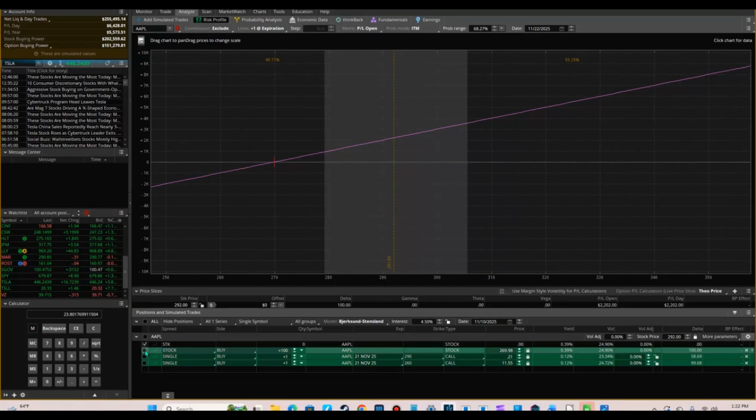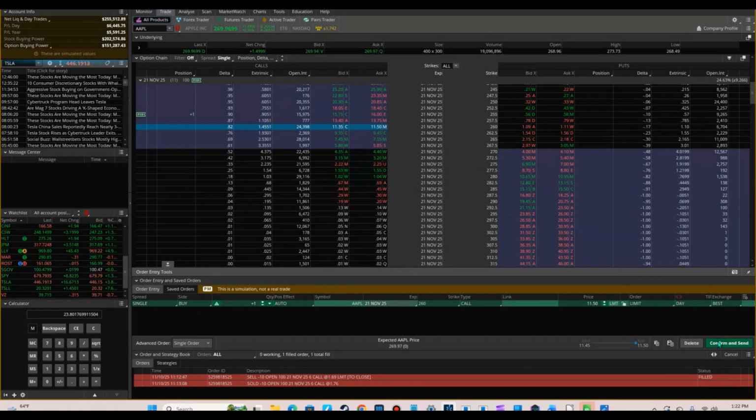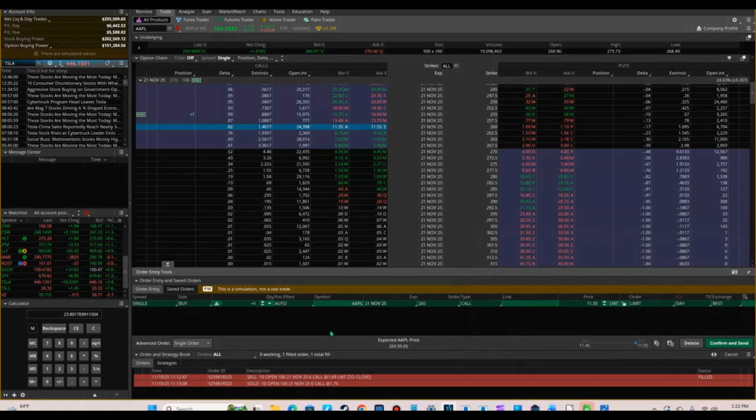We are making almost as much profit with our in-the-money call as we did with the 100 shares. But once again, how much did it cost? A little more than $1,100.